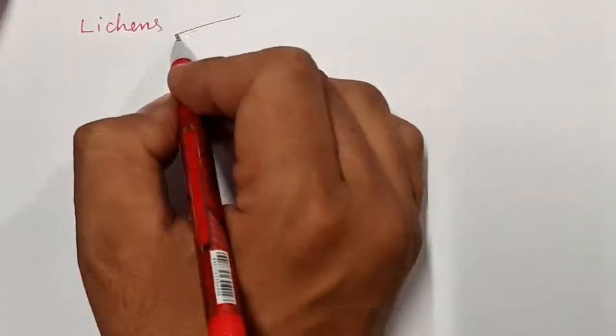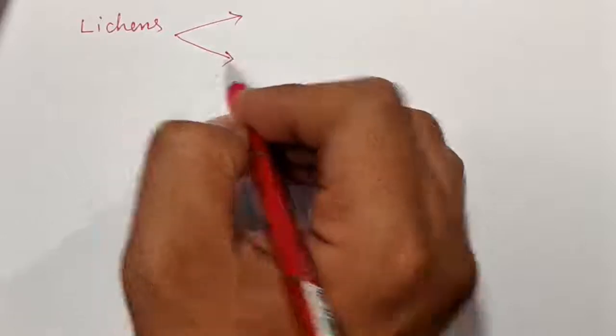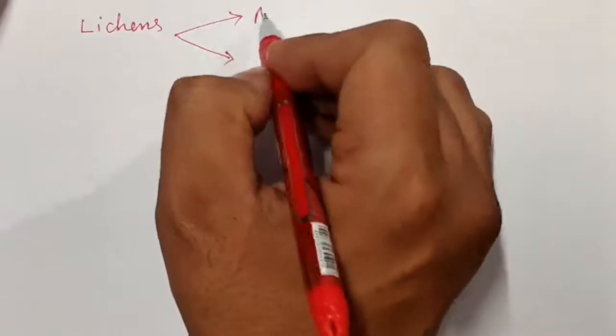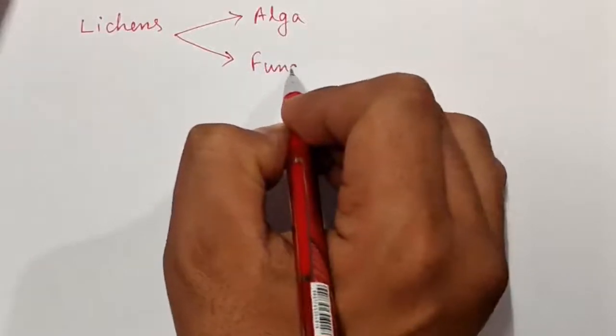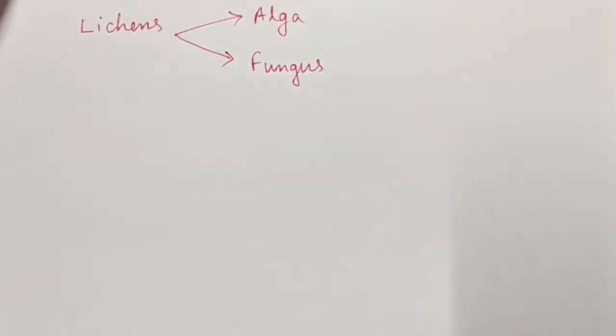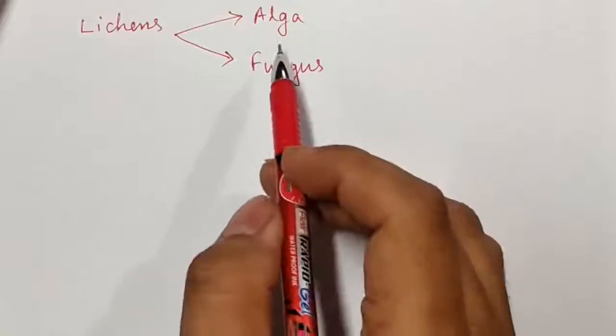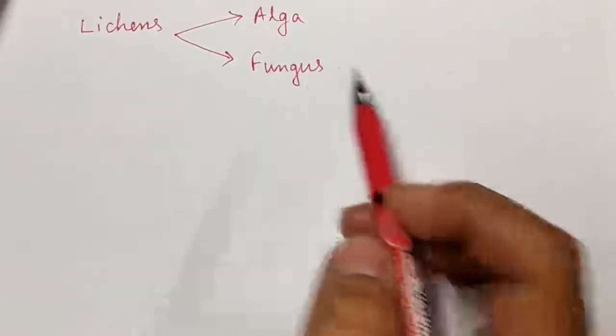In lichens, there are two types of organisms. One is alga and the other is fungus. This alga and fungus live together.